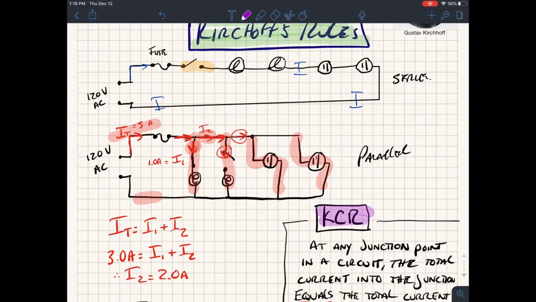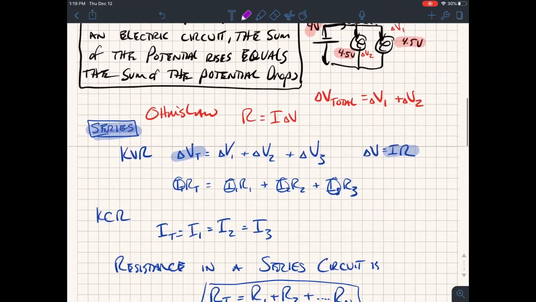The total current going in is the same as the current here, but this first junction is two different currents that together add to the ingoing current. And if this is the ingoing current, then the two red currents here sum to this ingoing current.